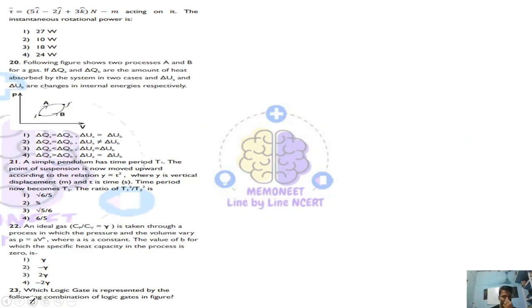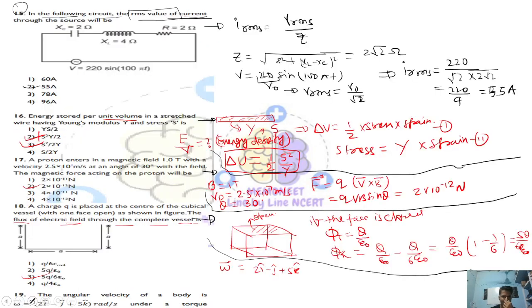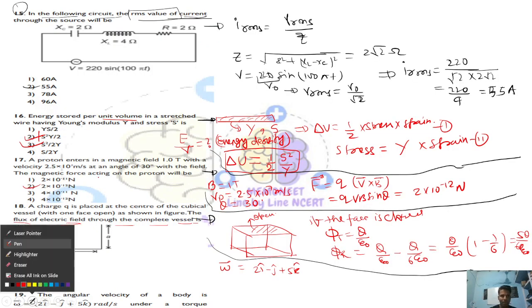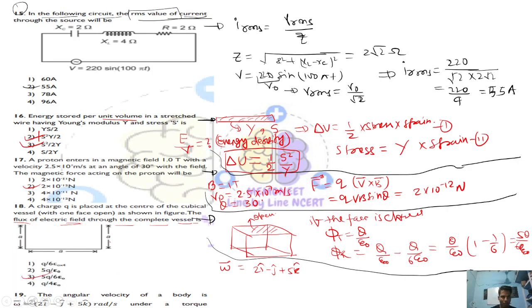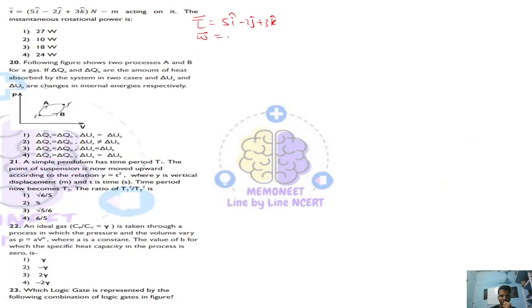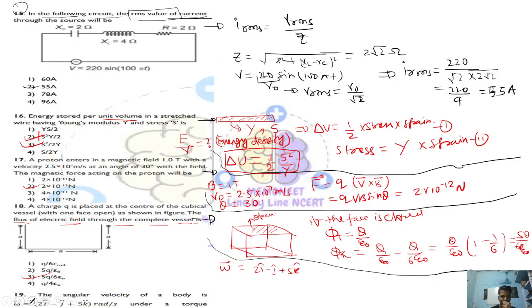Torque is 5i cap minus 2j cap plus 3k cap, and omega is given to be 2i cap minus j cap plus 5k cap. Let's check it out.